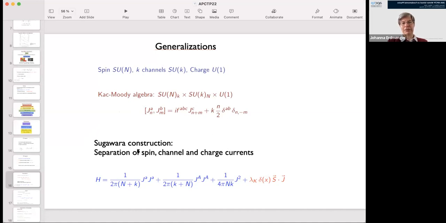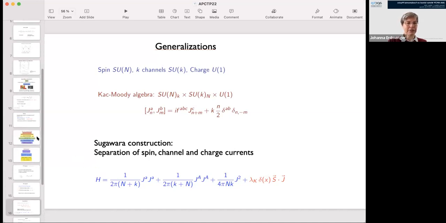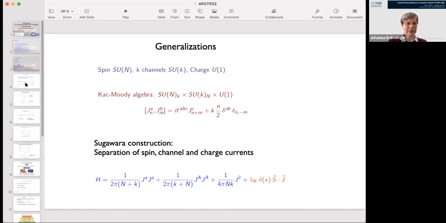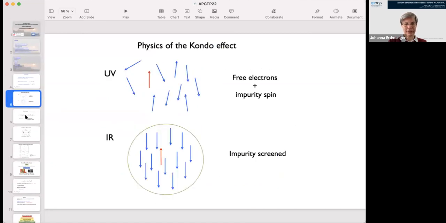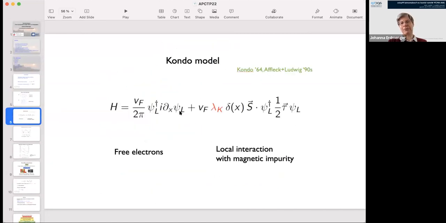And so they can be written in terms of the fermions, of the electrons. I will also show this to you soon. And so then we can write our Hamiltonian. So this is the same Hamiltonian as the original Hamiltonian that I had. So, oops, where was it? This Hamiltonian, but this Hamiltonian was just for spin a half.